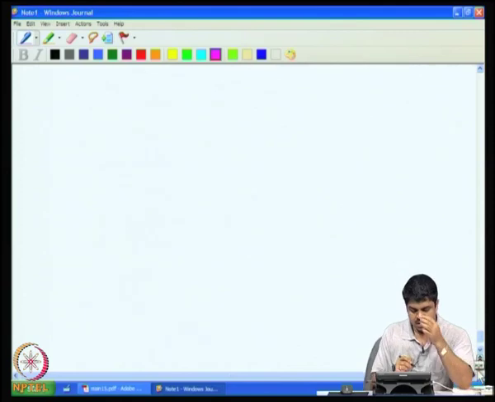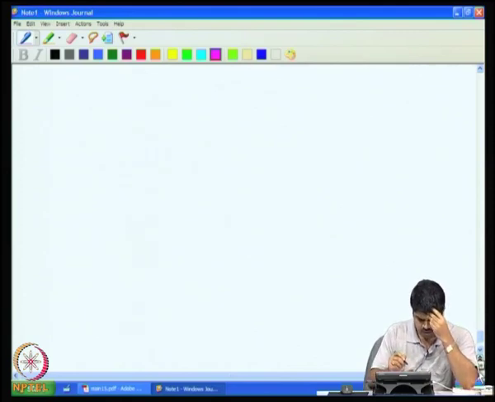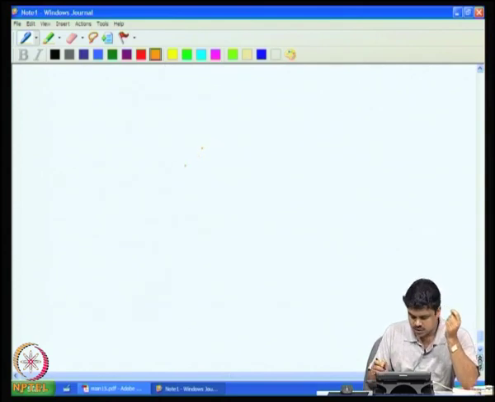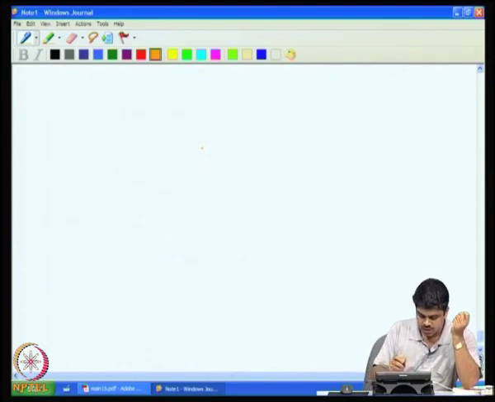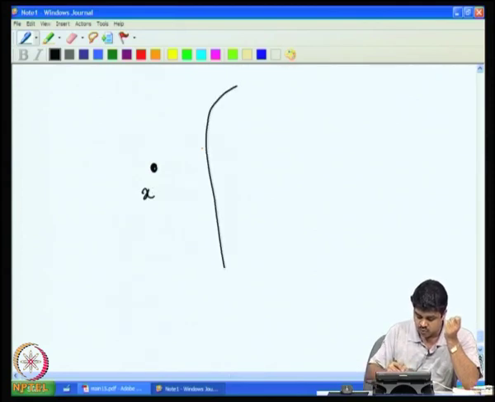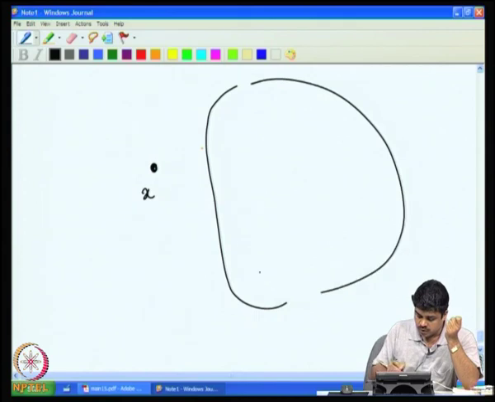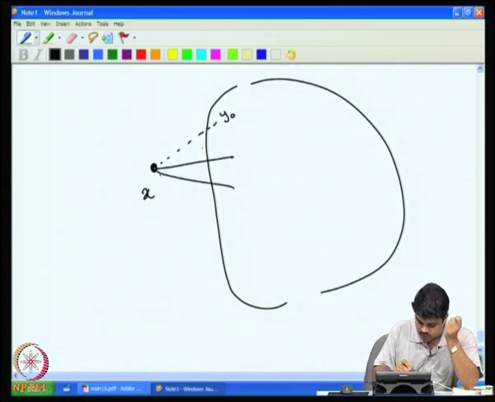Okay. Now, the next point is, suppose now I try to do the induction like this. Suppose you get one vertex x. Now, you can think that there is a y0 here, which I removed.